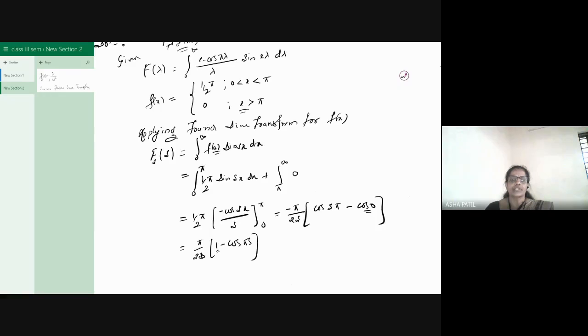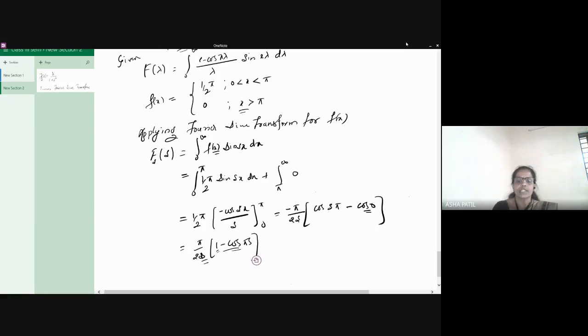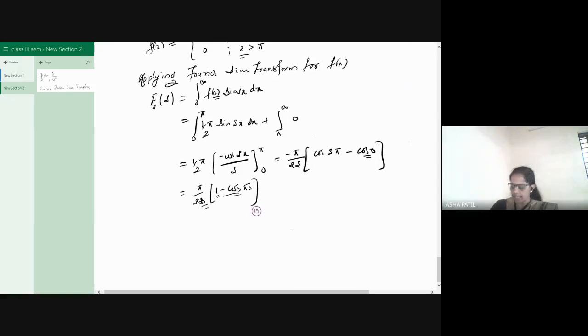Now we have this value, but what is asked here? This (1 minus cos pi lambda) divided by lambda is nothing but (1 minus cos pi s) divided by s, again into sin x lambda. How to get this? For that we need to apply the inverse Fourier sine transform.